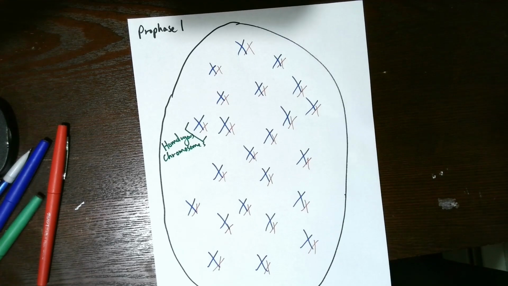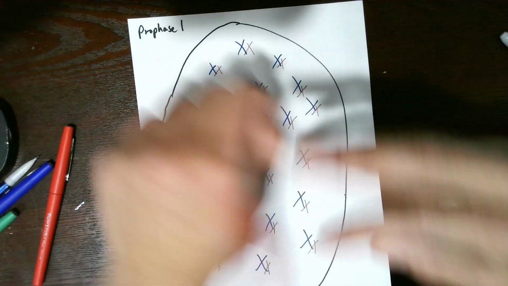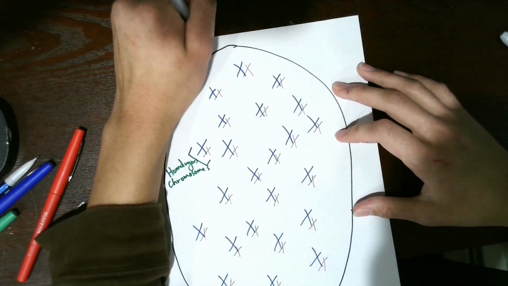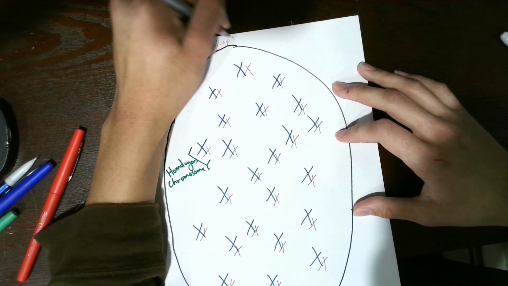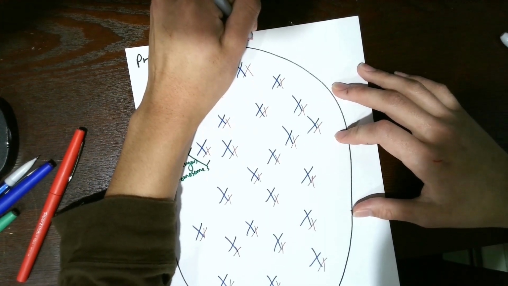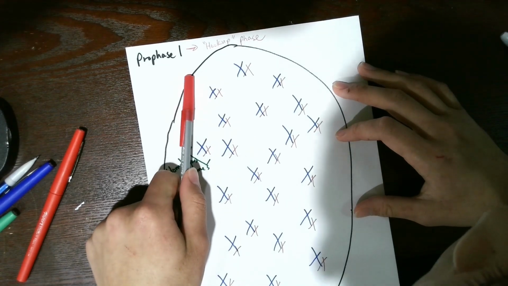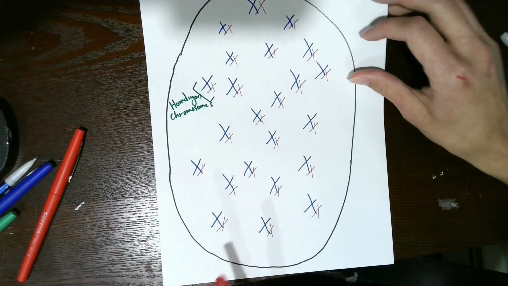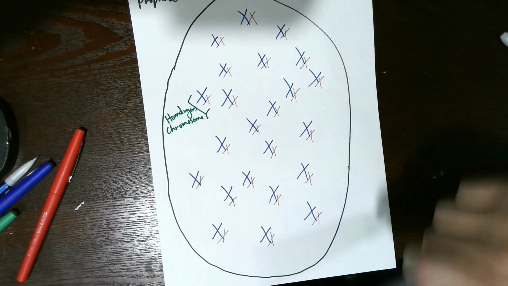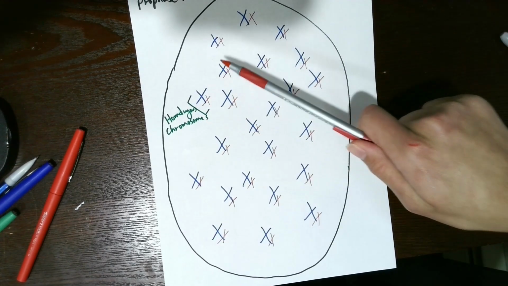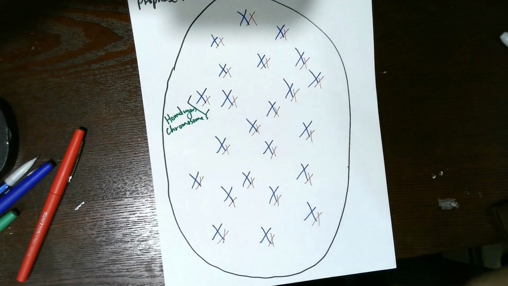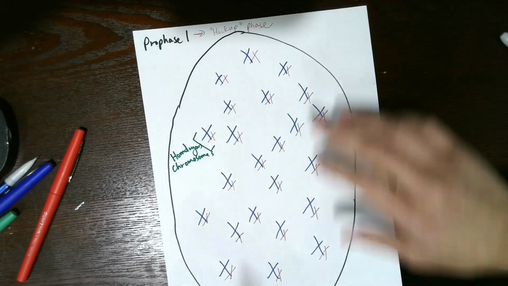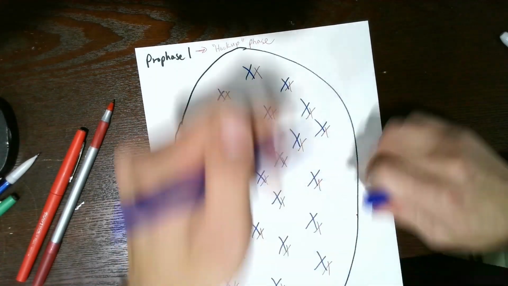The way I like to think about it is prophase 1, and right up here, this is the hookup phase. I don't know if you can see that pen writing. So the homologous chromosomes are hooking up. Your dad's chromosomes are pairing up with your mom's chromosomes, and they're doing something called crossing over. I'll write that here too.